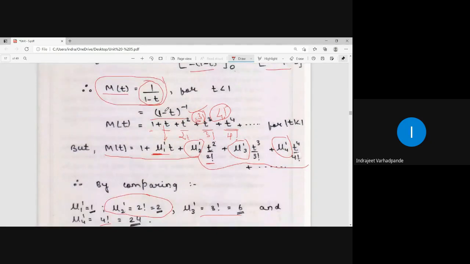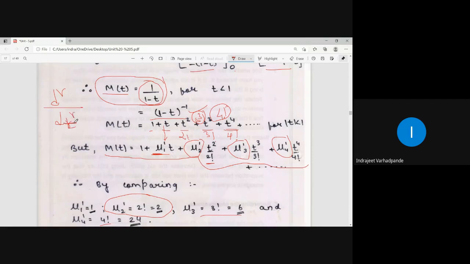This is one of the methods to calculate when the expansion is very simple. If the expansion is not that simple, what do you have to do? You have to take the derivative that many times with respect to t.